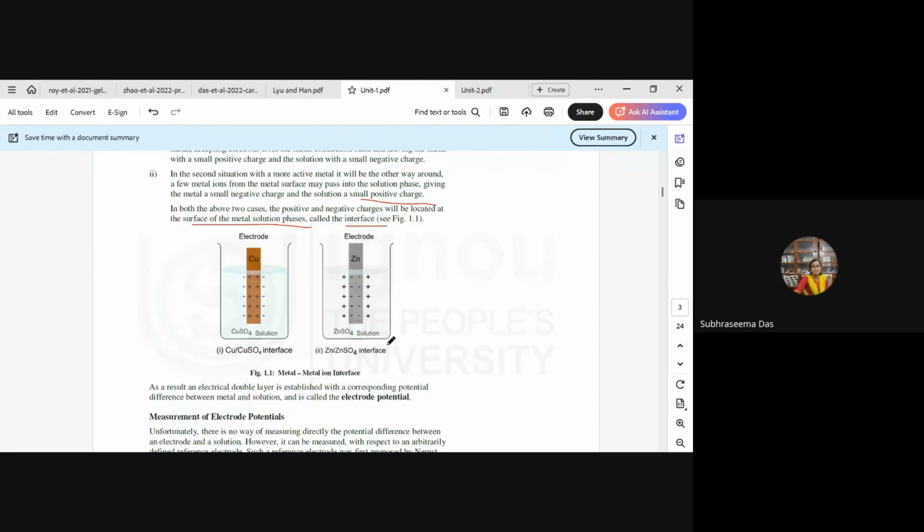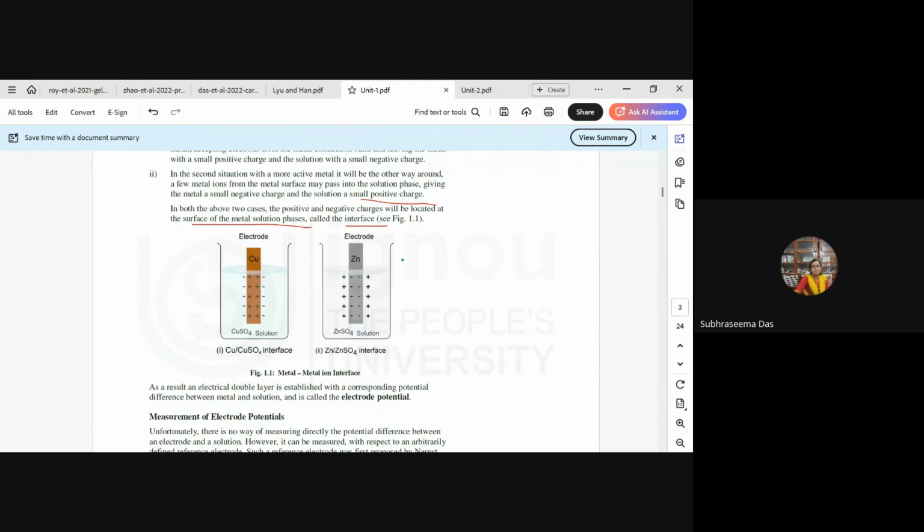This whole concept has been shown in figure 1.1. As you look at figure 1.1, in the first case, the copper sulfate interface, we dip the copper inside the copper sulfate solution. The copper has a delta positive charge, whereas the solution has a delta negative charge.